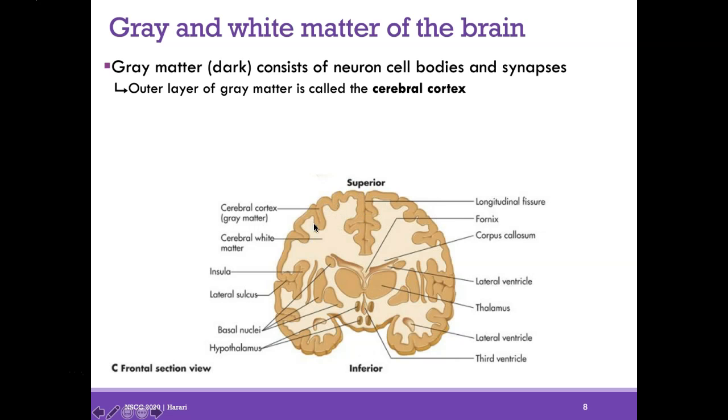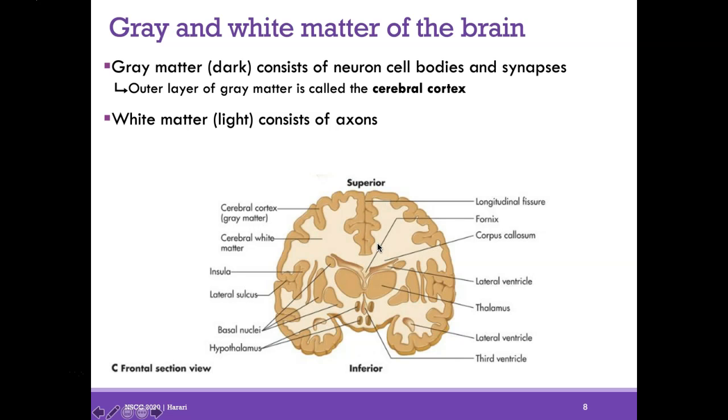And you can see that the cortex, the cerebral cortex, is all gray matter, right? So the outer layer of gray matter on the brain is called the cerebral cortex. And that gray matter has all the neurons' cell bodies and dendrites. The white matter on the inside consists of axons. So that lies deep to the cortical gray matter. And the white matter is mostly made of the axons.